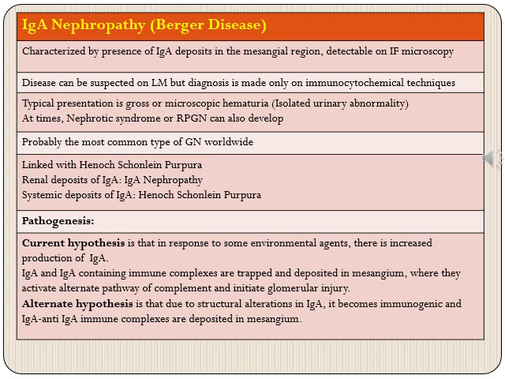Coming on to pathogenesis, two hypotheses are there. The more widely accepted one is that in response to some environmental agents there is increased production of IgA. Now these IgA along with anti-IgA antibodies are trapped in the kidney and become deposited in the mesangium, where they activate the alternate pathway of complement and initiate glomerular injury.